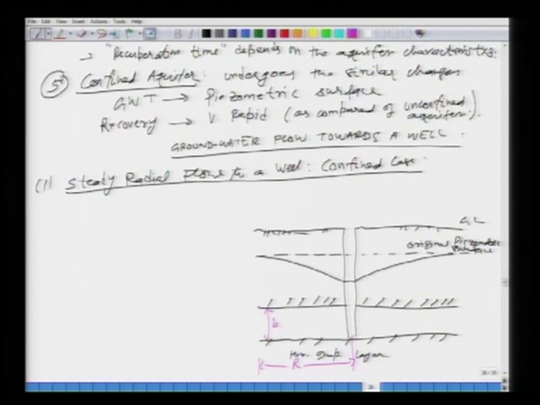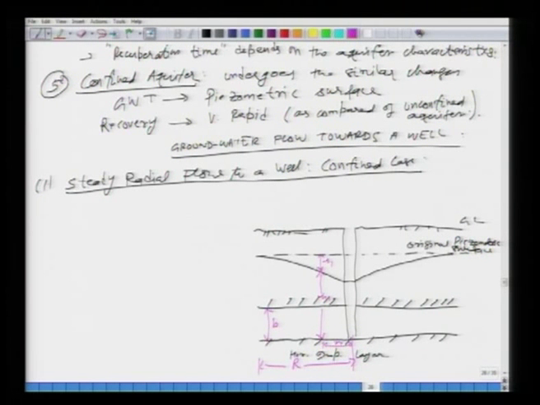Okay. And if you take any two observation wells, let us say this is your S1 and this is your H1. Okay. We are measuring things from the bottom, and this is your R1. So, at any radial distance R1, your height of the piezometric surface is H1 and the drawdown is S1. Okay.